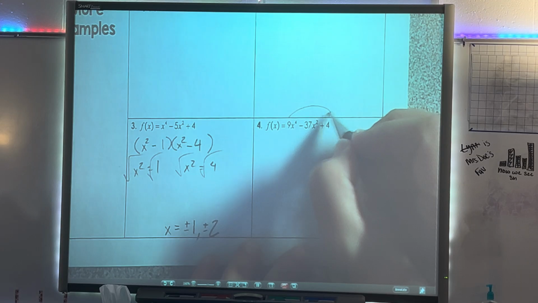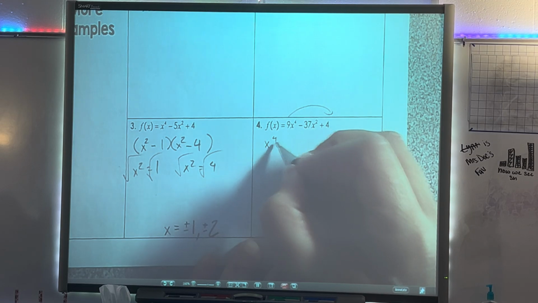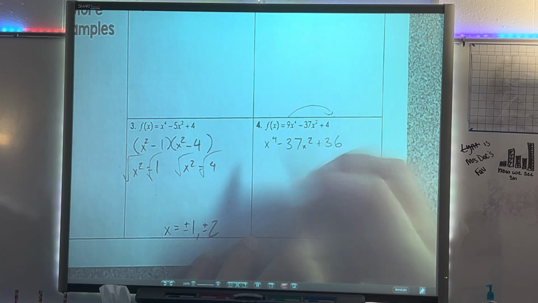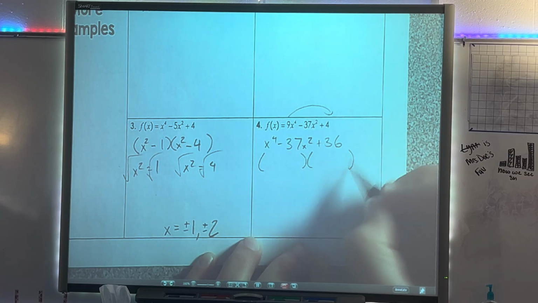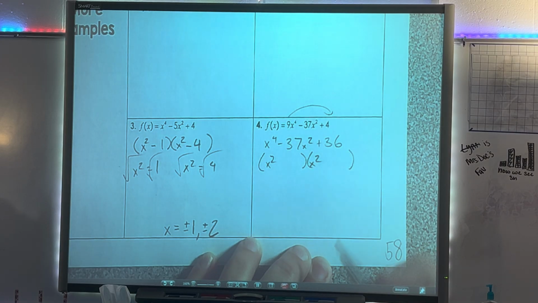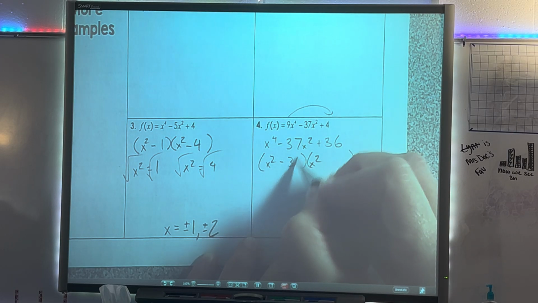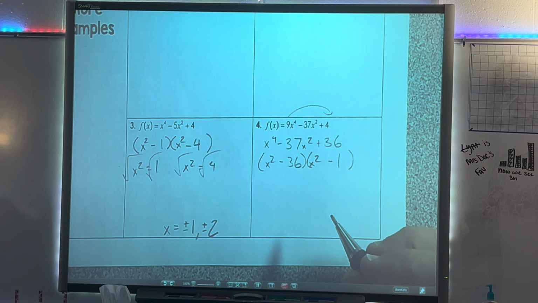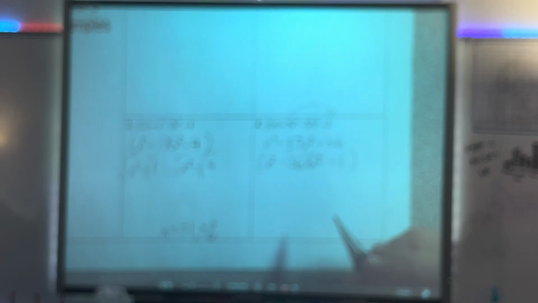On 4 we have to slip and slide. So the process would be similar. We'd multiply that back, so we have x to the 4th minus 37x squared plus 36. So then I can split it: x squared, looks like both minus, so 36 and 1. Same thing there, except I've got to take that 9 back out, so I would go ahead and pull your 9 out right here.